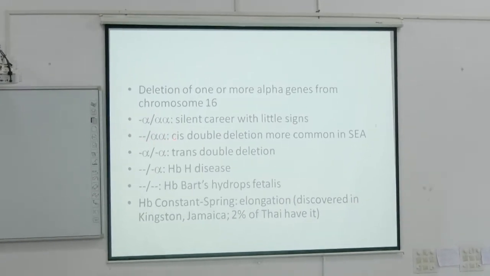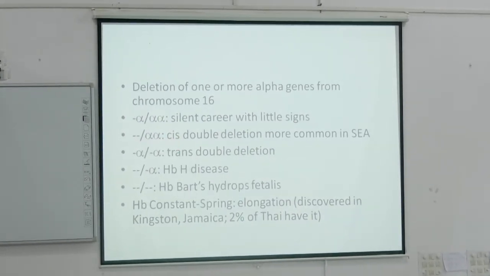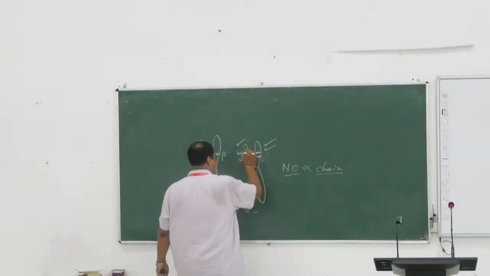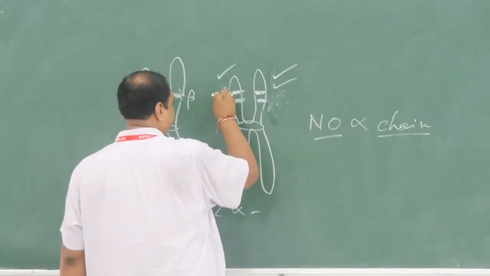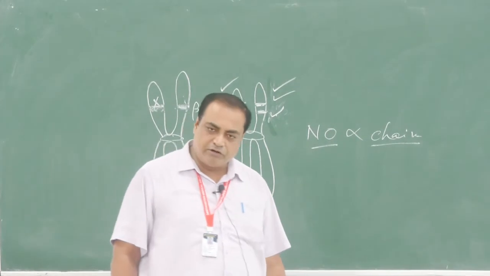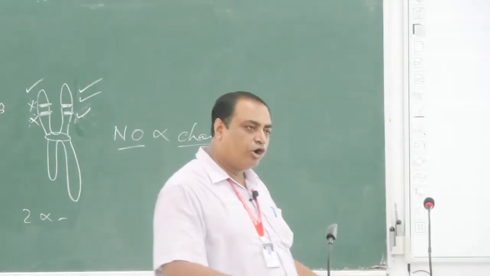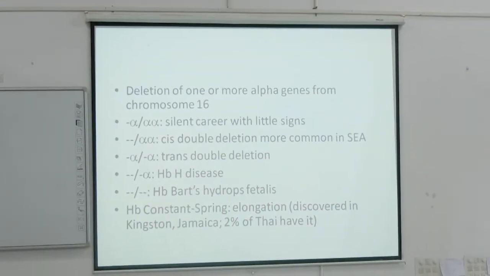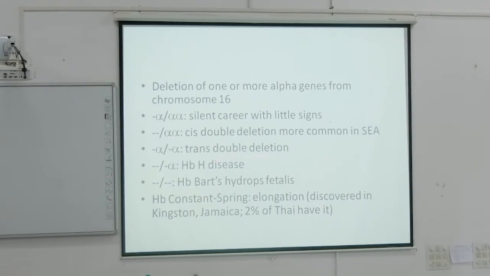So here also like this, cis. Cis means like this. One of the chromatids is completely all right, another chromatid is completely gone. Next comes this, trans, cross, double deletion.